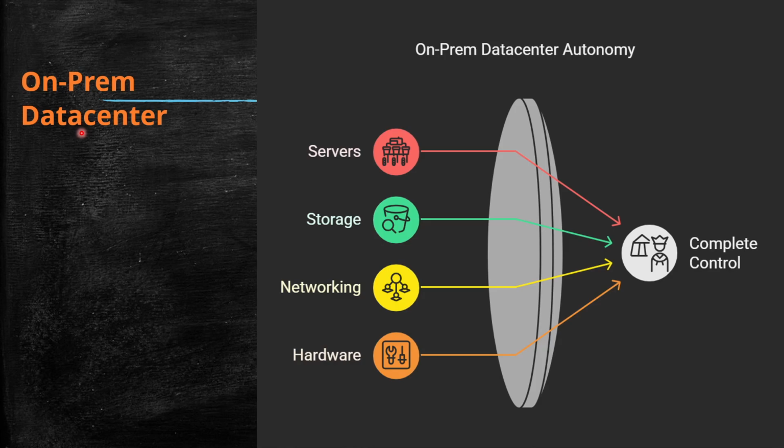We used to have server, storage, networking, and hardware. Hardware needed replacement every now and then. Once you purchase the hardware and put it in the data center, it has a life of maybe 2 or 3 years. That hardware has to be replaced with new disks, new CPUs, and other things.